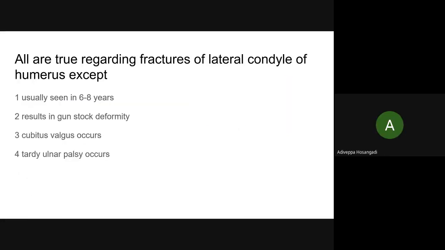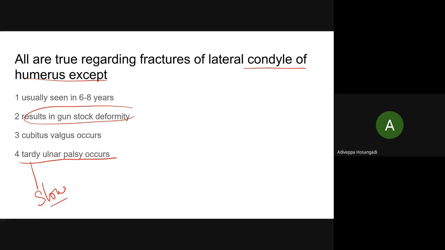All are true regarding fracture of lateral condyle humerus except... Yes, this is in supracondylar fracture. Radial nerve palsy, remember, your ulnar nerve is of the medial condyle. Tardy is what? Tardy is slow.